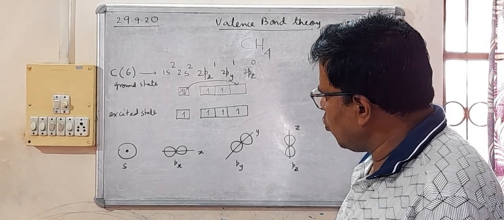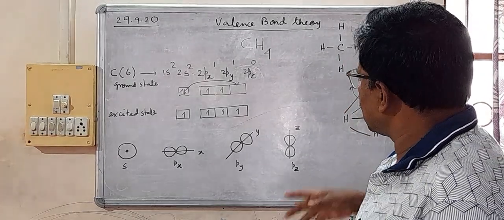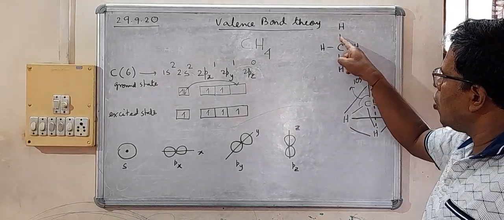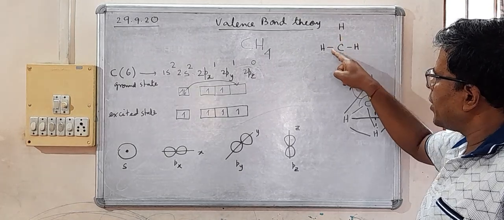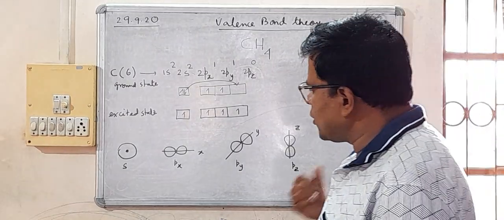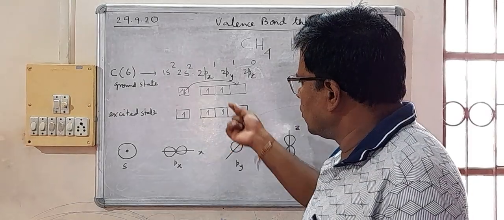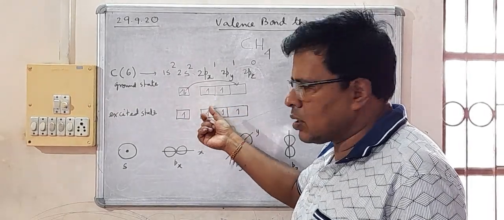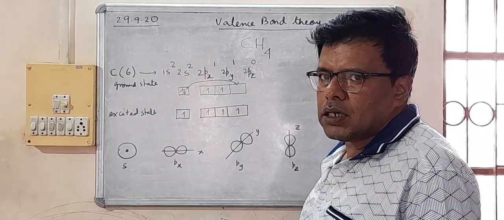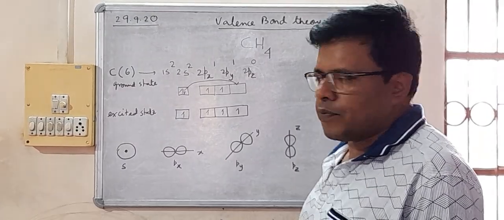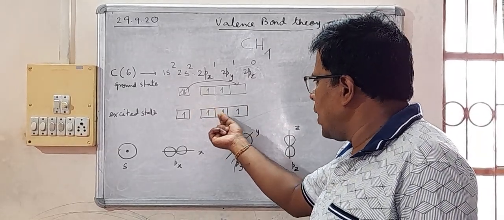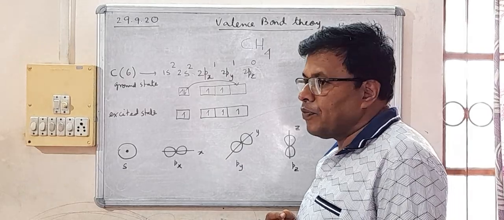But one more thing is, since all these 4 bonds are identical, these orbitals as such don't take part in overlap.